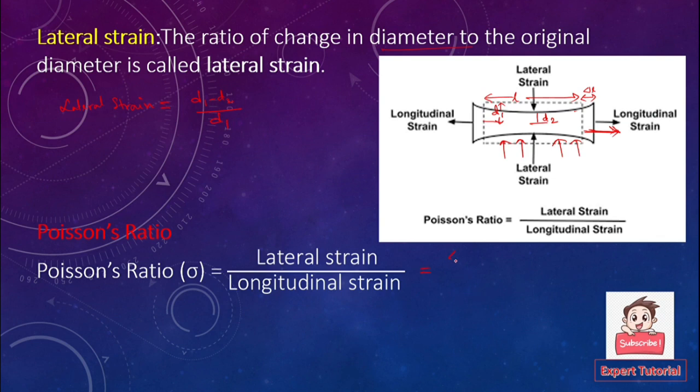If the change in the diameter is delta d and original diameter is d, the lateral strain is delta d by d, and longitudinal strain is the change in the length to the original length, that is if the change in the length is delta L and original length is L. So Poisson's ratio sigma equals delta d by d, divided by delta L by L. Okay.